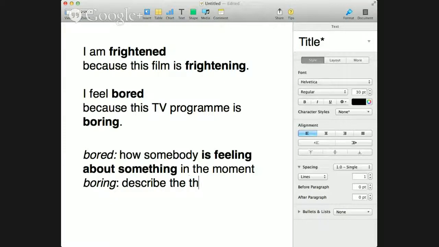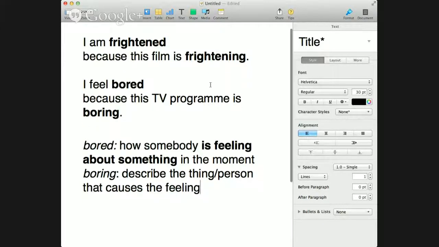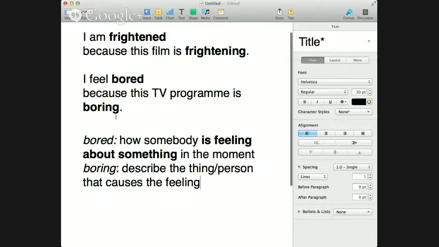So I'm going to put both, the thing or perhaps the person that causes the feeling. So you can see if we look at the examples, the TV program is boring. This is the thing, the TV program. And then we use the word boring to describe that because it produces a feeling of being bored.